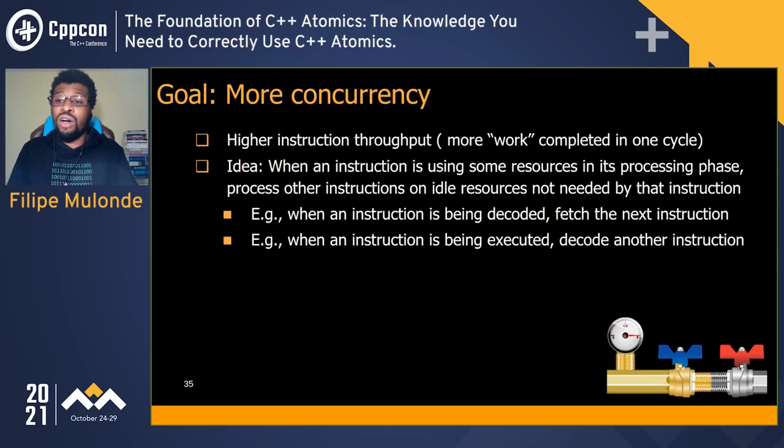The idea is that when an instruction is using some resource in each processing phase, we process other instructions on the resources not needed by that instruction. For example, when an instruction is being decoded, fetch the next instruction. When an instruction is being executed, decode another instruction.